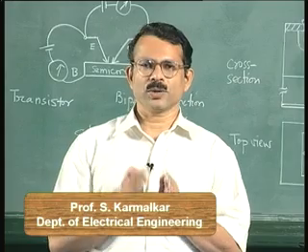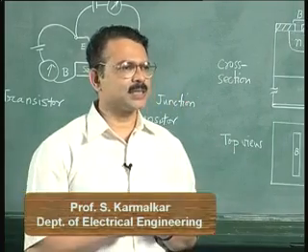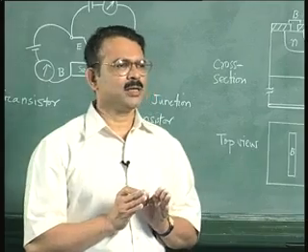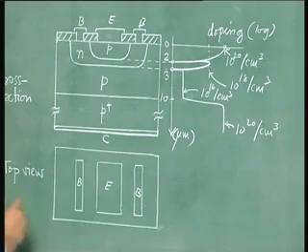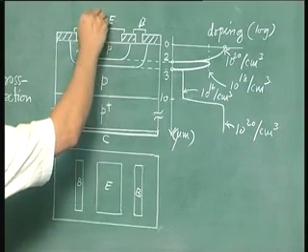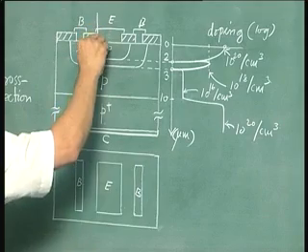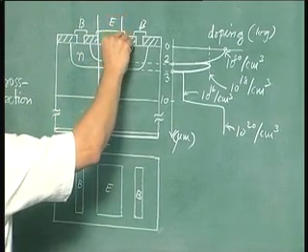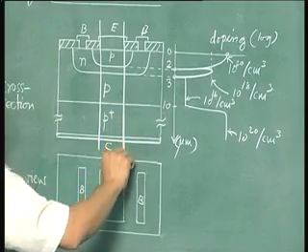very clearly brought out. So for the purpose of analysis we are going to use a one-dimensional structure which looks something like this. So we are going to assume a structure that is obtained if you just take this portion of the device.